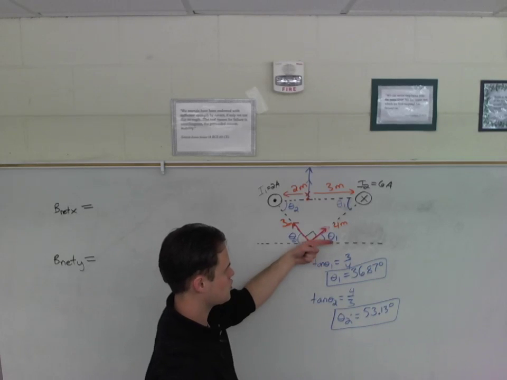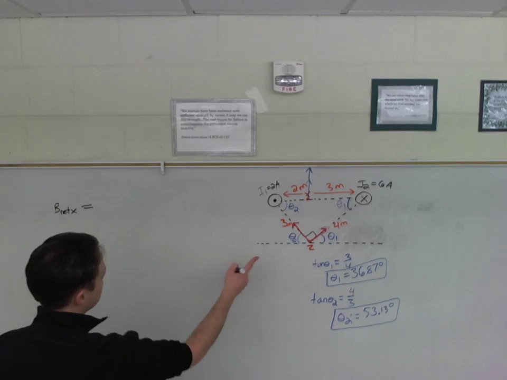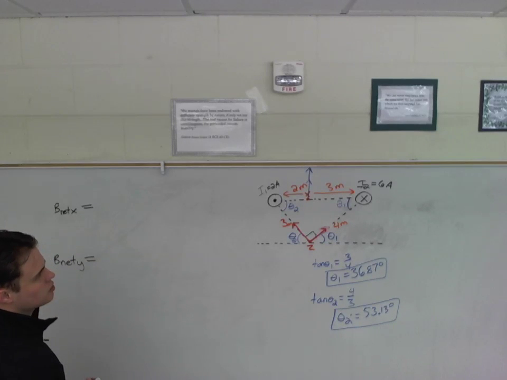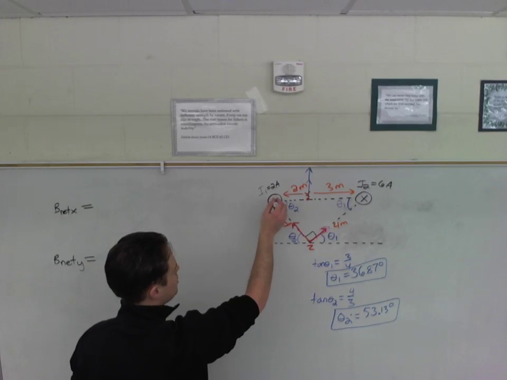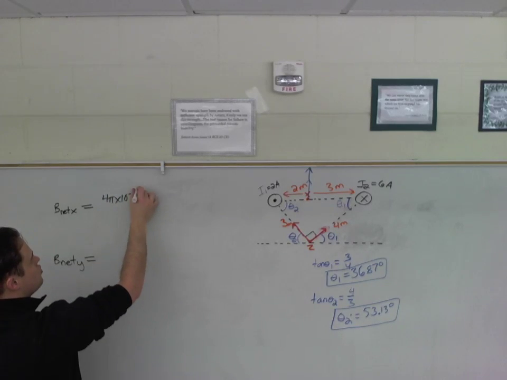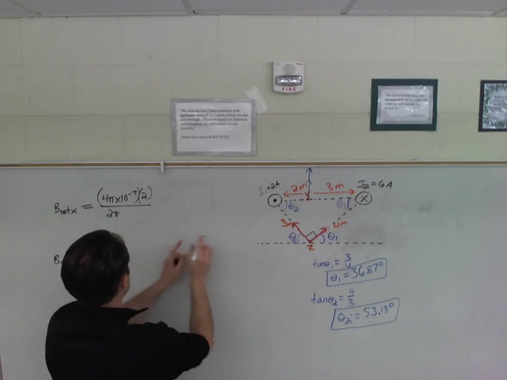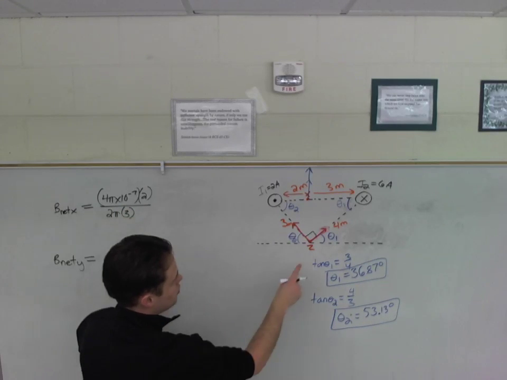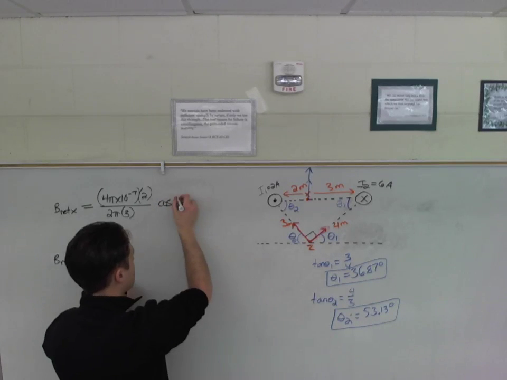So for x components, when we want the adjacent part, do we use sine or cosine? Cosine. We had that guy's magnitude from before. What was the magnitude produced by this wire? 1.3 times 10 to the 6. I'm just going to write it down: times 2 over 2 pi, 3 away, multiplied by the cosine of 36.